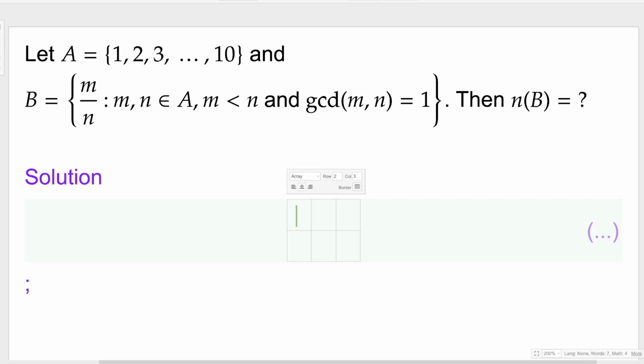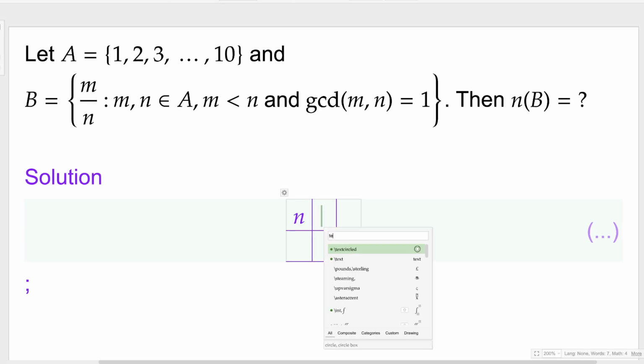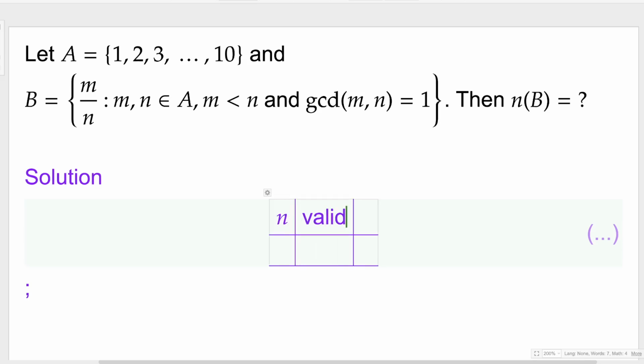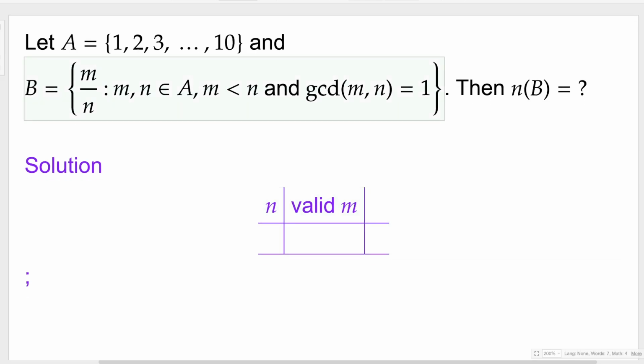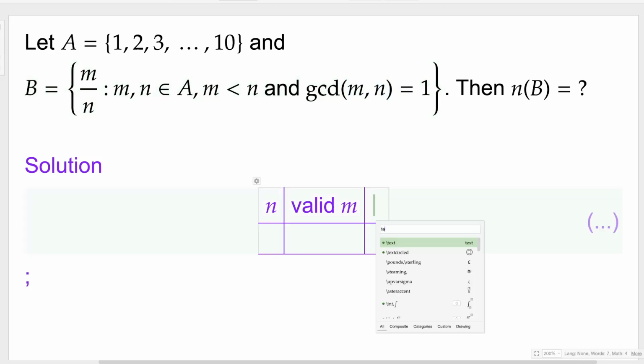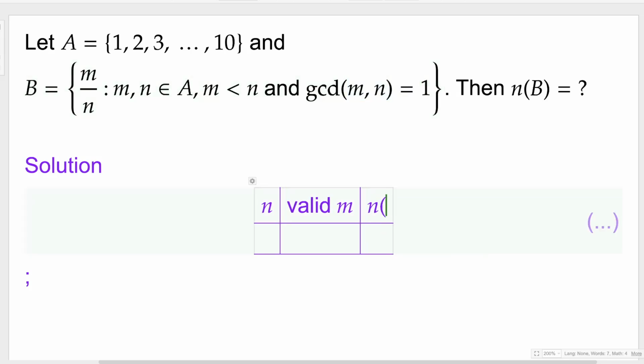Here I will list out the possible values of m, and whatever valid m is allowed, I will use those values, because m should be strictly less than n, and the GCD of the n and m combination must also be 1. So let us try, and I will maintain the count, that is the number of elements in B.